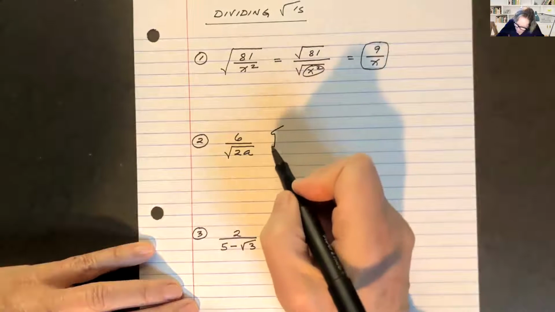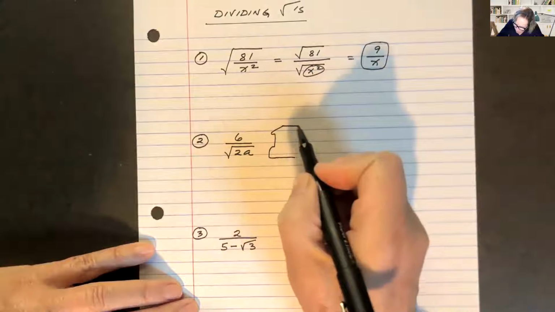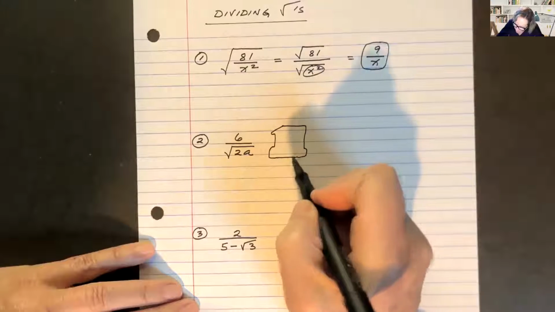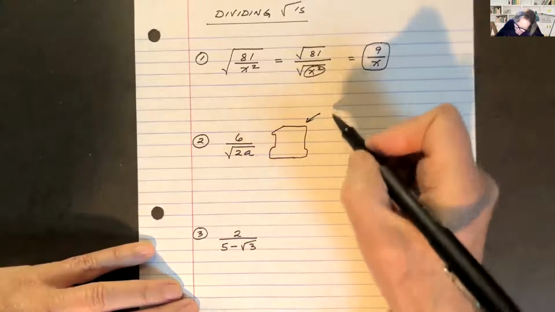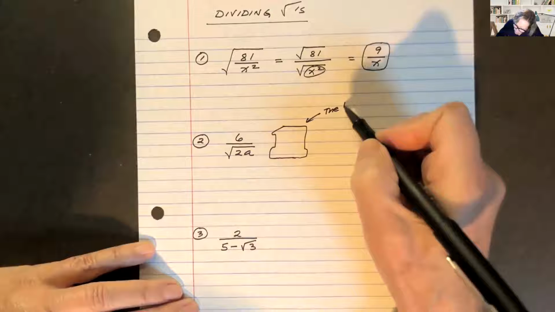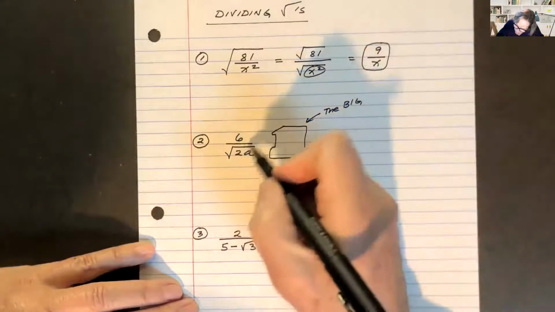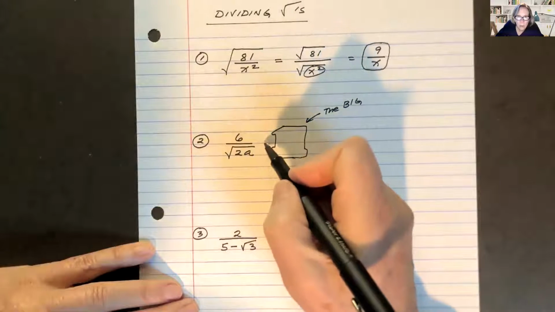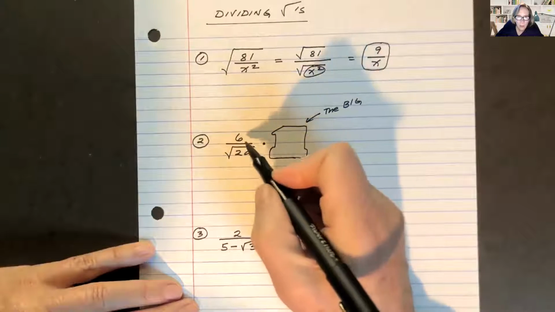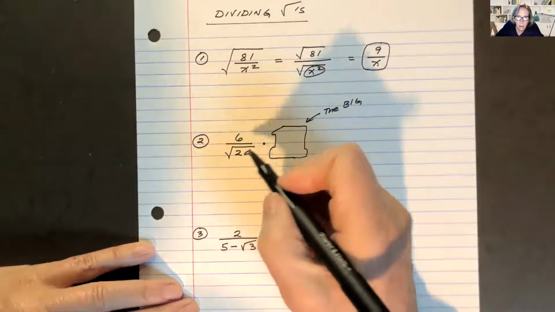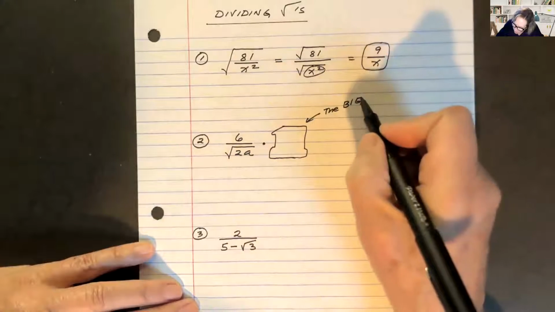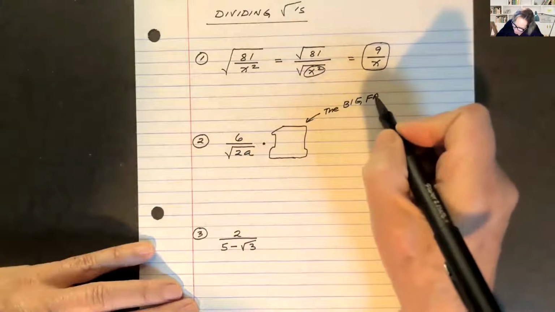So we're going to multiply it by what I call the big fat 1. And we're going to change the appearance of this without changing its value, because multiplying by anything other than 1 will change the value, and I can't do that. I can't just willy-nilly change the value of the number I'm trying to simplify.